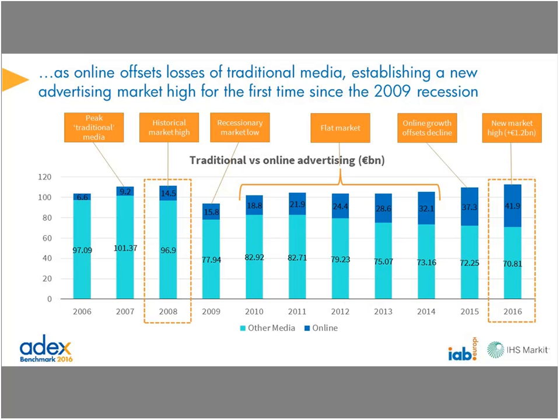And then 2015, for the first time, online offset the decline in traditional media, and now we have, for the first time, a new market high of 1.6 billion euros higher than the peak we had in 2008.